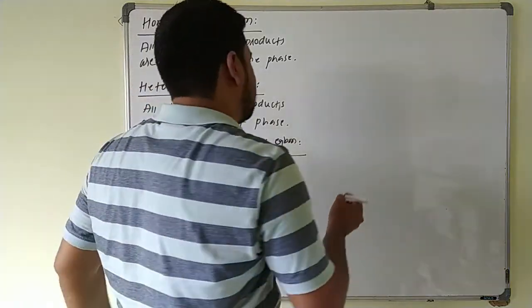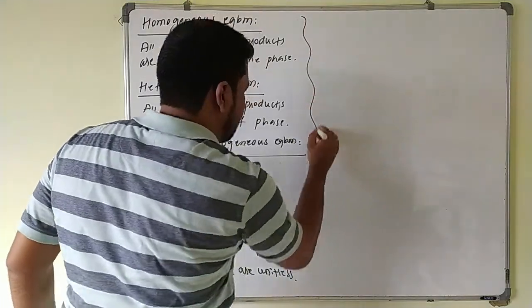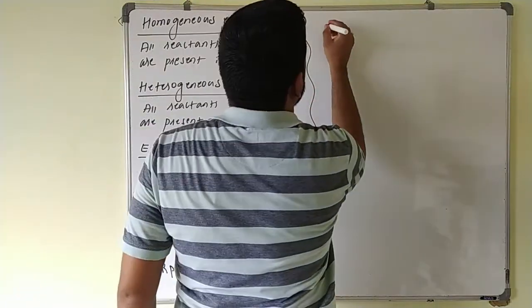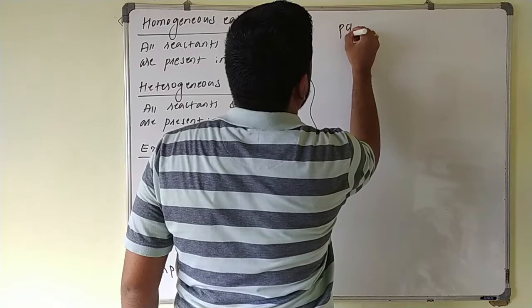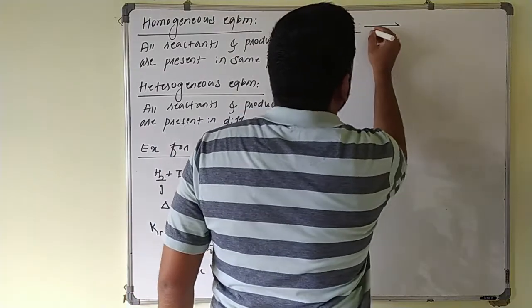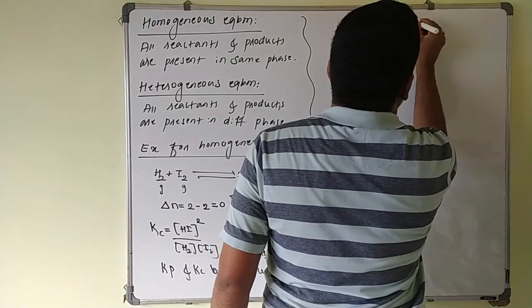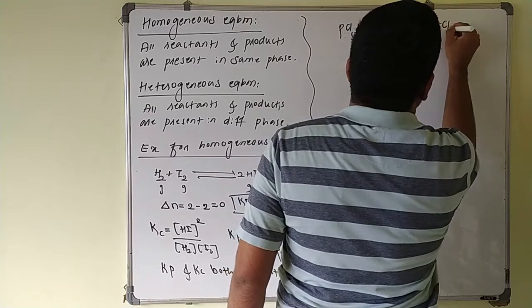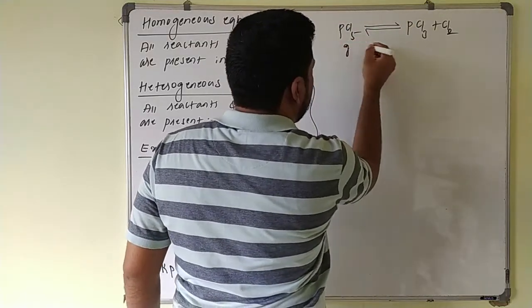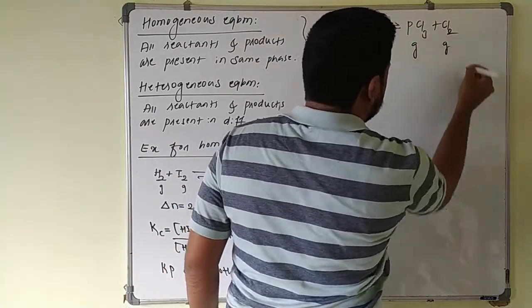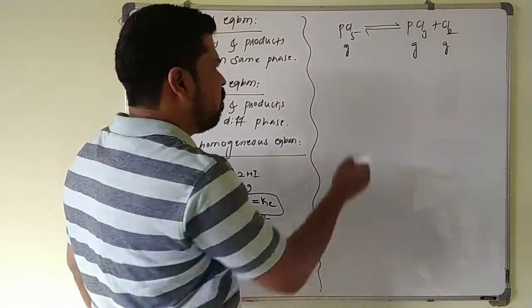Now take another example of homogeneous equilibrium: PCl5 giving PCl3 plus Cl2. PCl5 is a gas, PCl3 is a gas, and Cl2 is a gas. What is the delta n value?